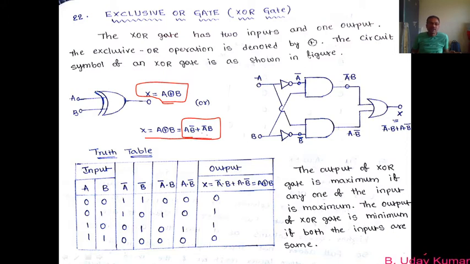In simple words, we mention A plus inside the circle B as the logical equation. In other words, if you write it into its discrete components, it becomes A B bar plus A bar B.